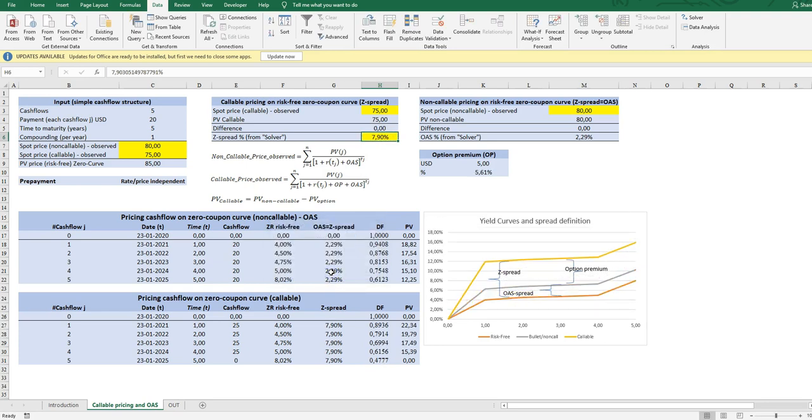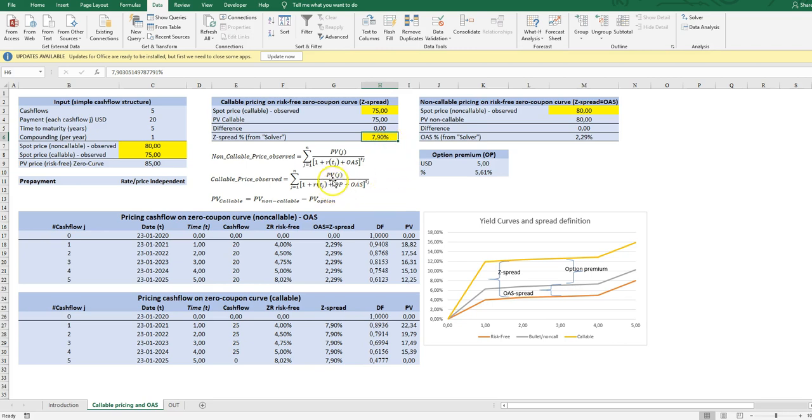Okay. So now we are almost there. So the total spread that investor requires for buying into this cash flow structure with the optionality is 7.90. Again, it's the spread on top of the risk-free curve.